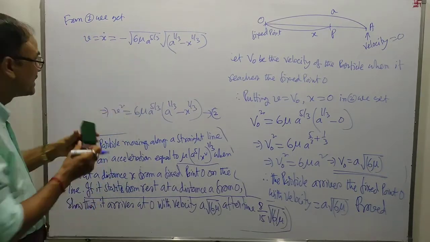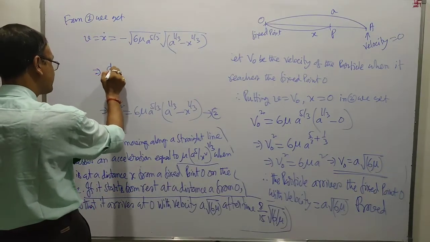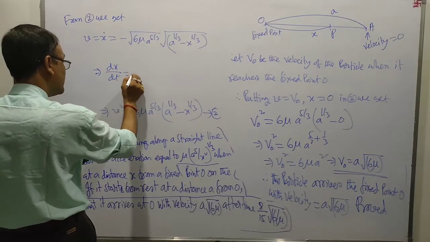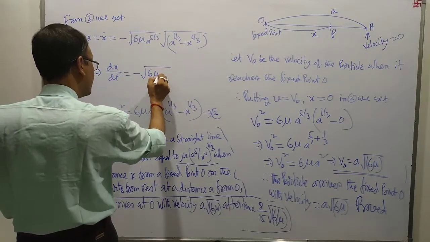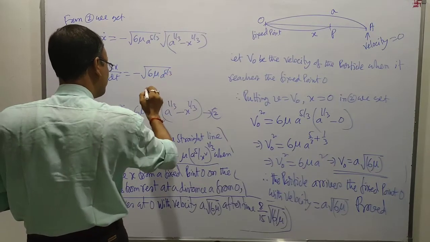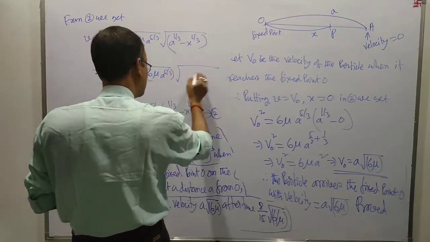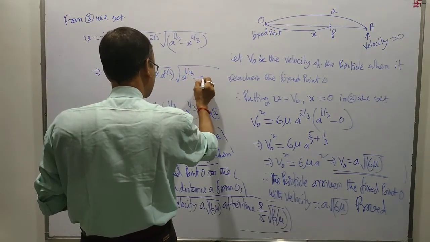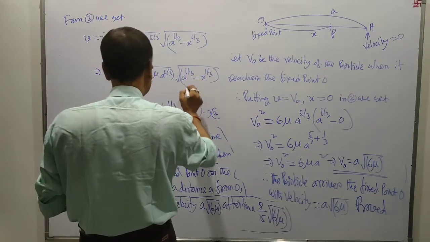X dot equal to this one. This means dx by dt equal to minus root of 6 mu A to the power 5 by 3 into root of A to the power 1 by 3 minus X to the power 1 by 3.